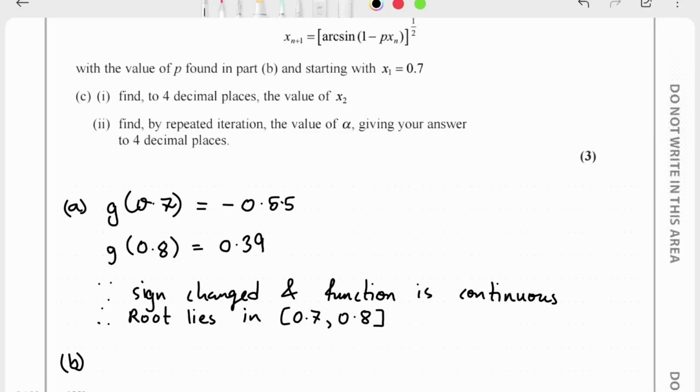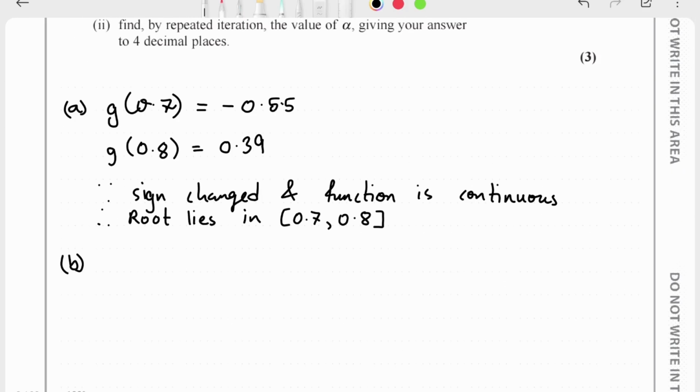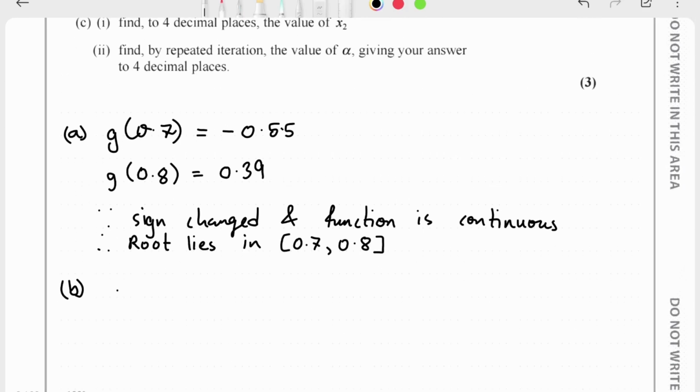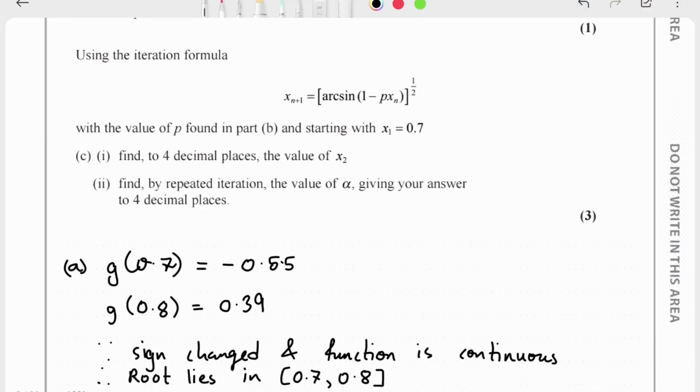So let's move on to number B. Show that the equation g of x is equal to 0 can be written in the given form. So let's write that down. g of x is equal to 3x minus 5 plus 5 sine x squared, and we are told that g of x is equal to 0.